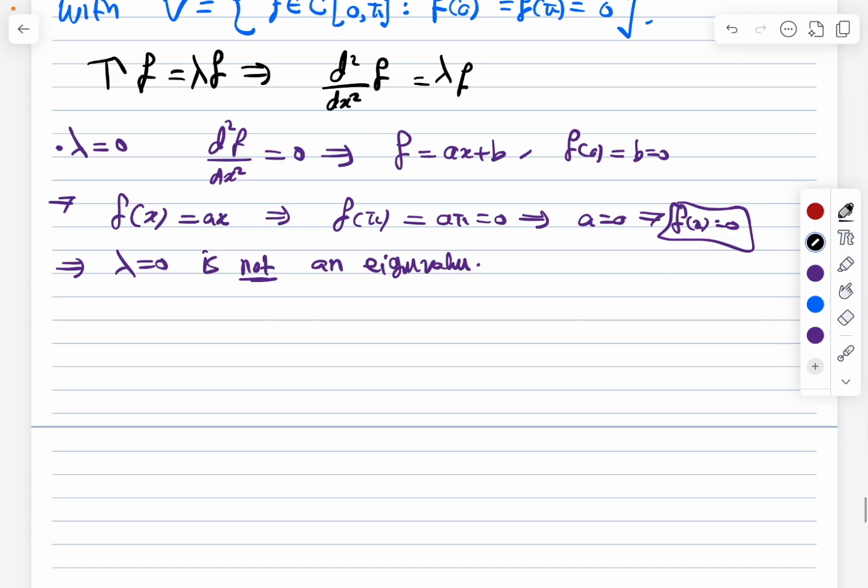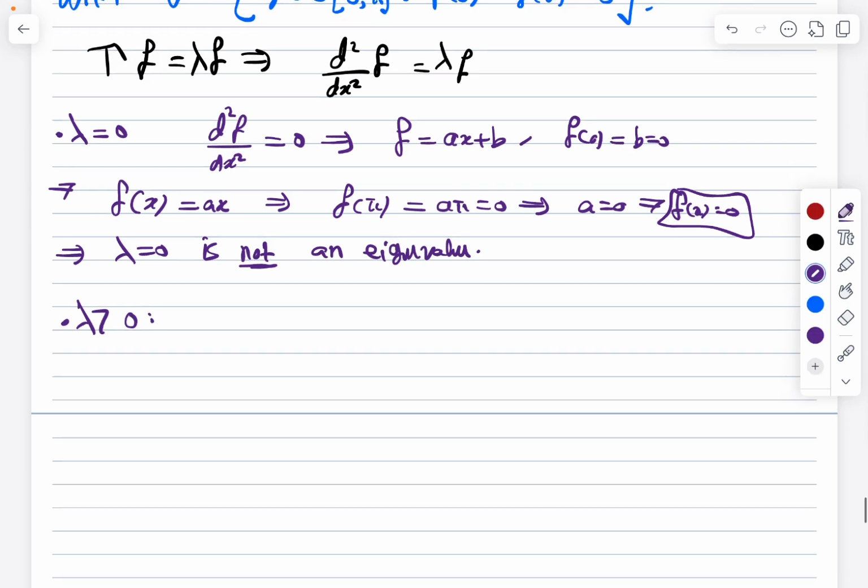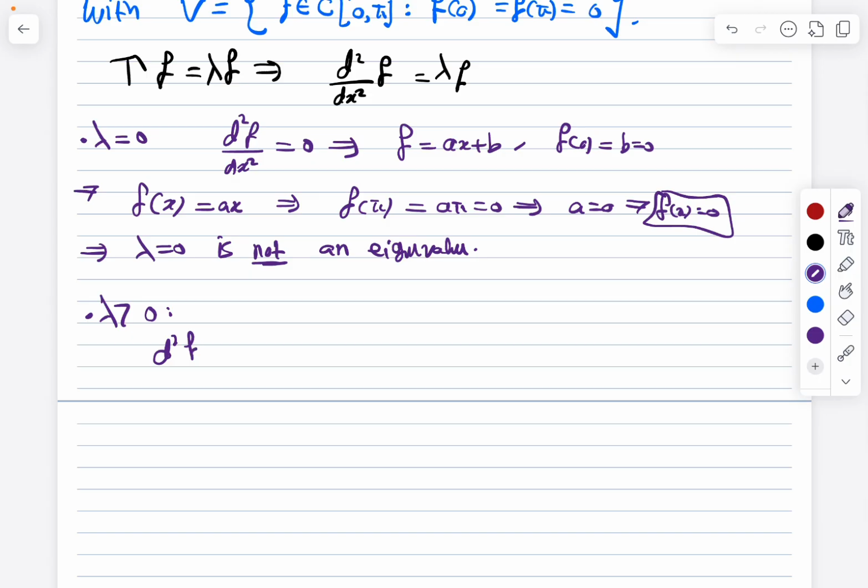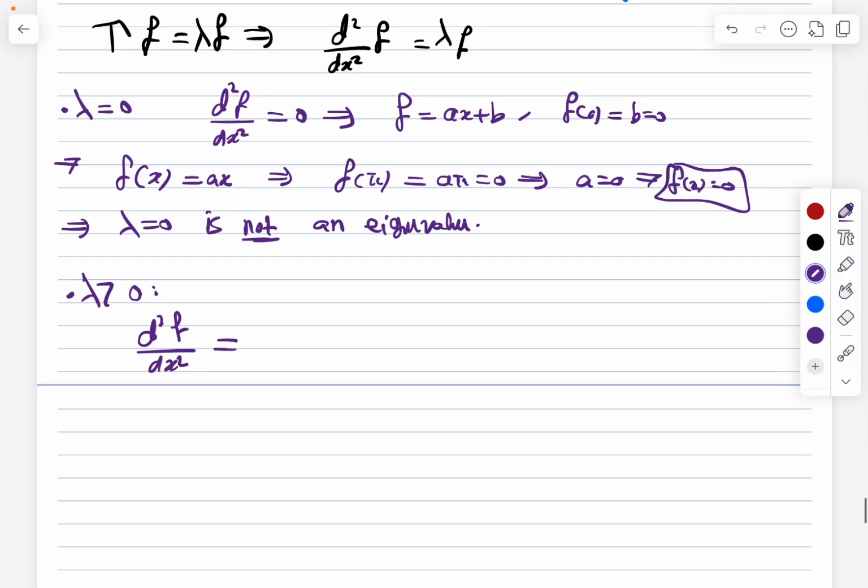Now, in case lambda is positive, strictly positive, what we have is d squared f over dx squared equals a positive quantity, lambda f.